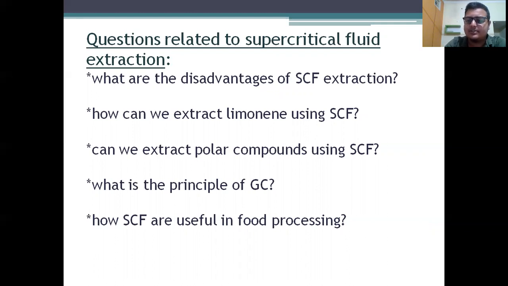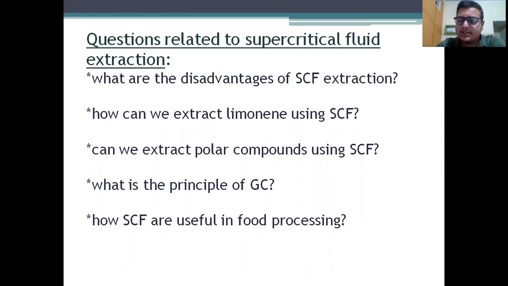There are other methods in which the polar compounds can be extracted very easily, but in supercritical fluid extraction also the polar components can be extracted by altering the properties of supercritical carbon dioxide.